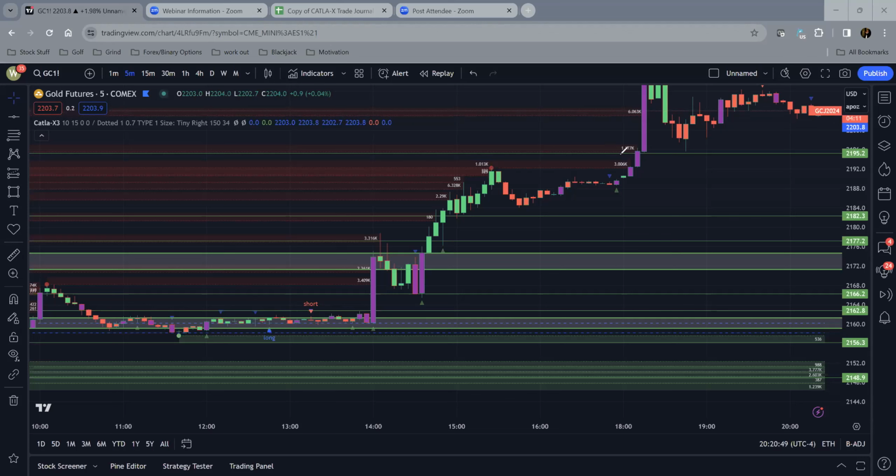We had the same target, but our initial risk was very different. Same target, initial risk was very different.